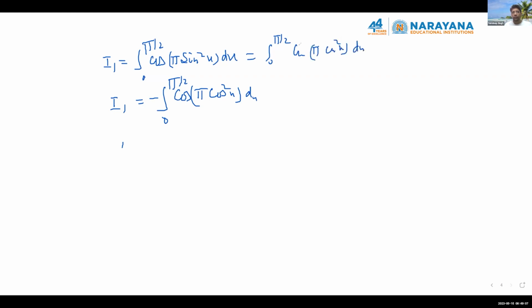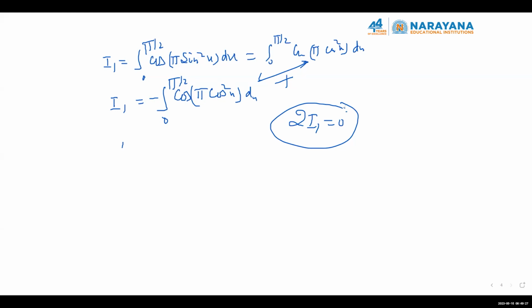Getting the point? Yes, sir. So now cos of pi minus theta is this. These two you can add. So what is 2I1? This will be 0. So like that you can proceed. Like I2 also you can do the same thing. Got it? Yes, sir. Okay, good.